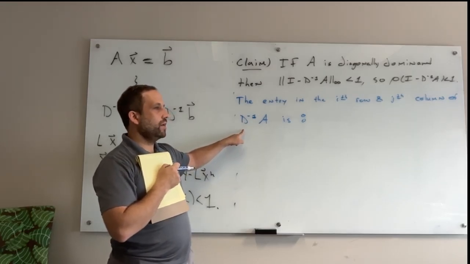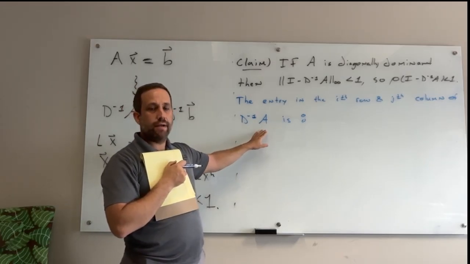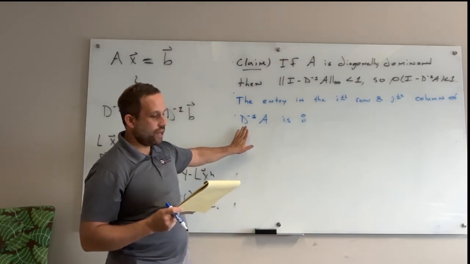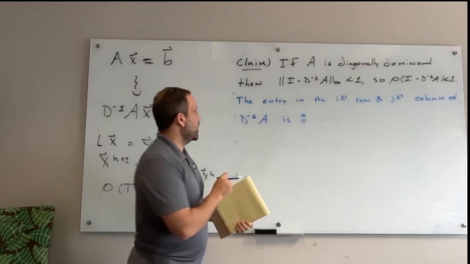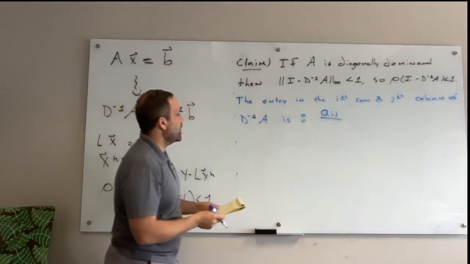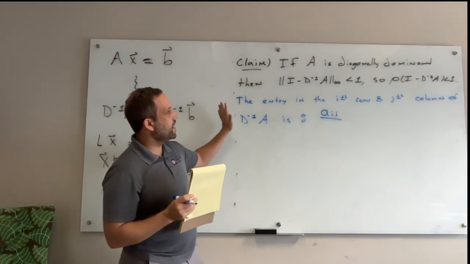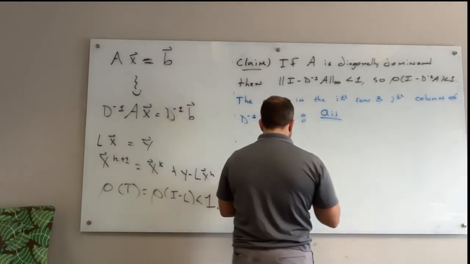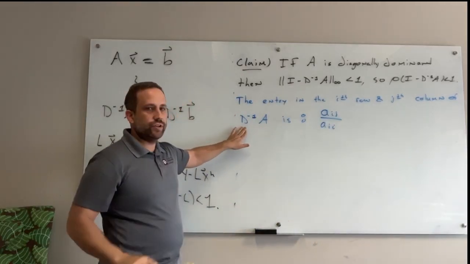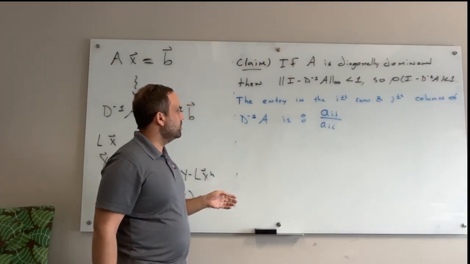So the only time when I do D inverse times the jth column of A that I'm going to get a non-zero is going to be in the jth column of D. So if I'm looking in the ith row in the jth column, it's going to be A_ij over A_ii, because A_ii is the corresponding entry in D inverse.